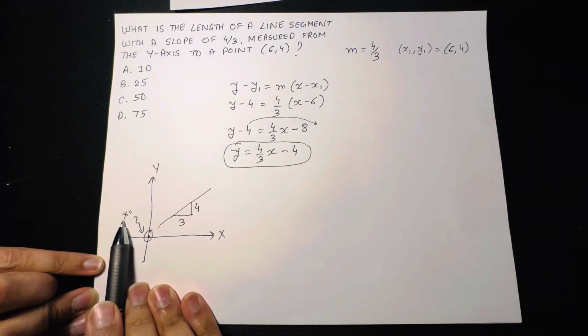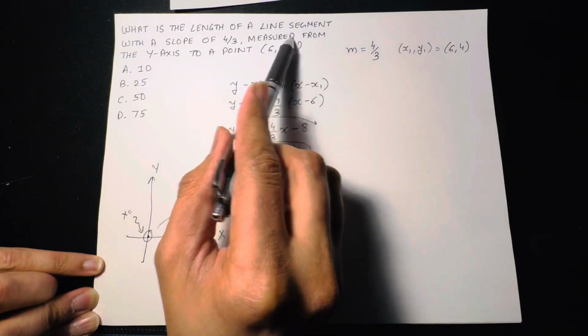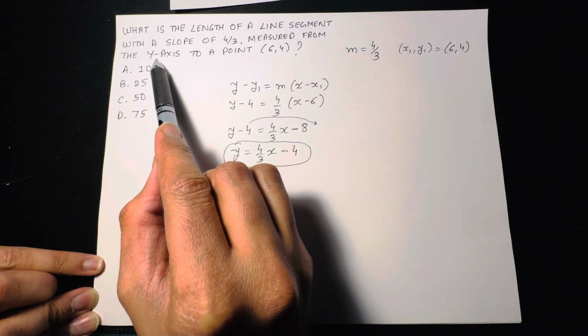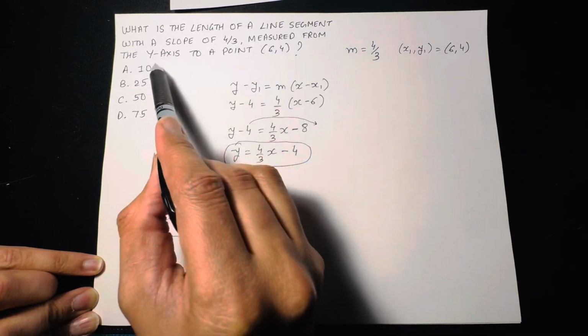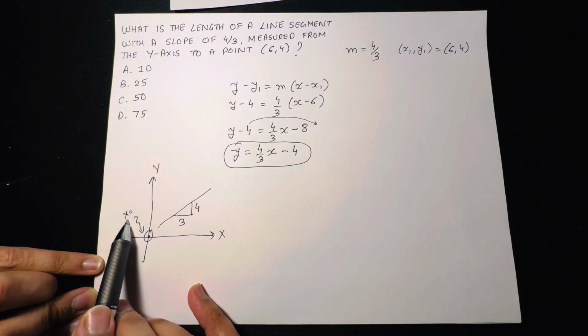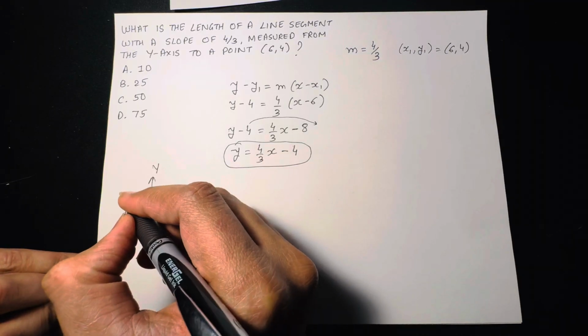What will be the value of x on the y-axis? Because we have to find the length of the line segment with the slope measured from the y-axis. So the value of x at the y-axis would be 0.